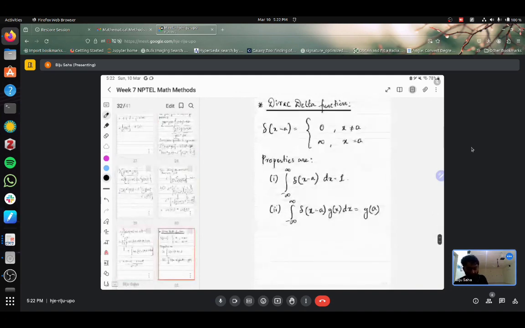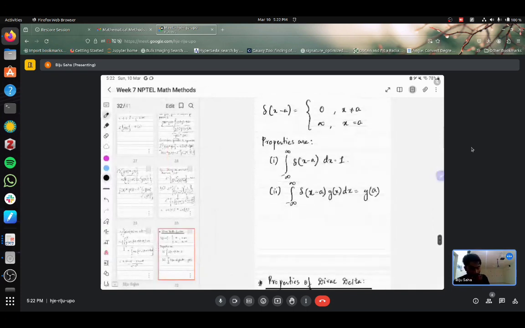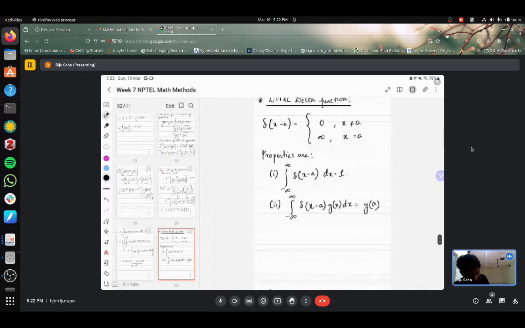Now with that, let us come to another important topic, that is the Dirac delta function. The graph of the Dirac delta function looks like this. It is everywhere 0 except at a point x equal to a, let's say, where from the definition it goes to infinity.